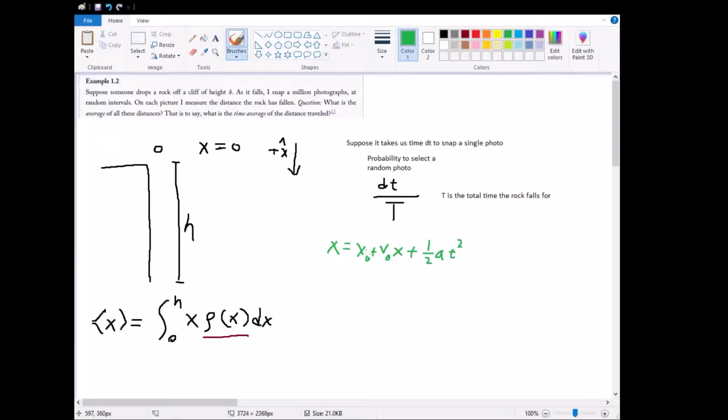The rock starts at 0 and at rest, so x0 and v0 both equal 0, so x just equals 1/2 times acceleration, which is g, times t squared, where I've removed the negative from gravity because we're defining the downwards direction to be positive. To find T, the rock falls a total distance h, so h is equal to the distance fallen at time big T, which is 1/2 g T squared. Rearranging, we get that T equals the square root of 2h over g.